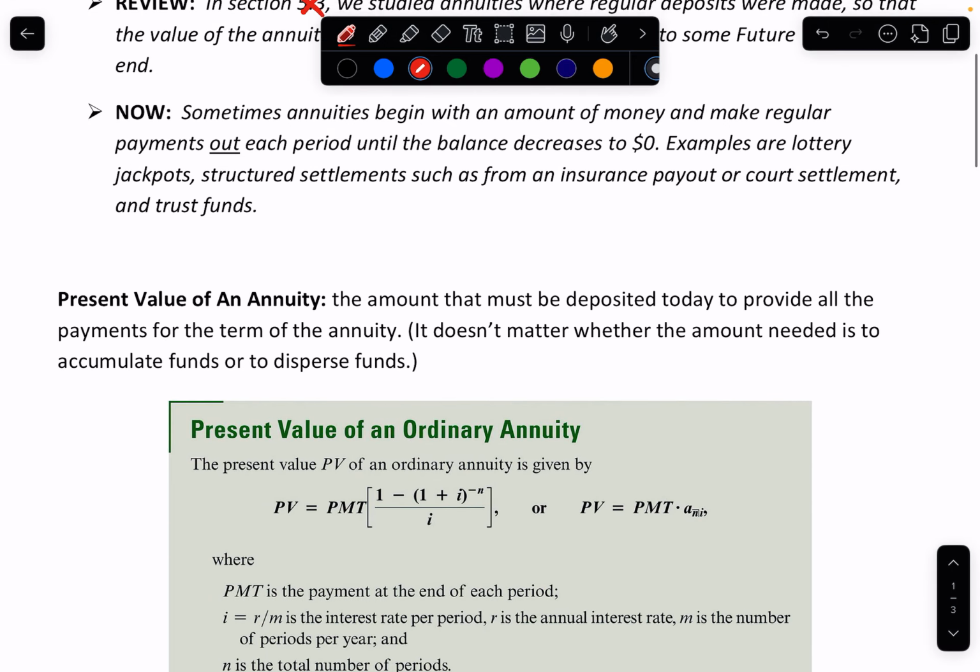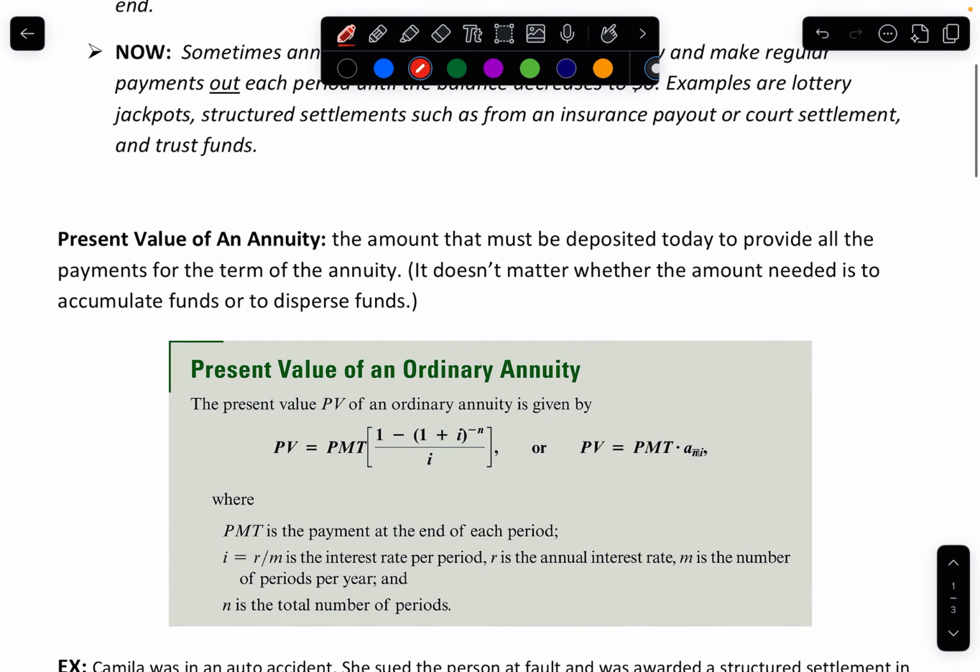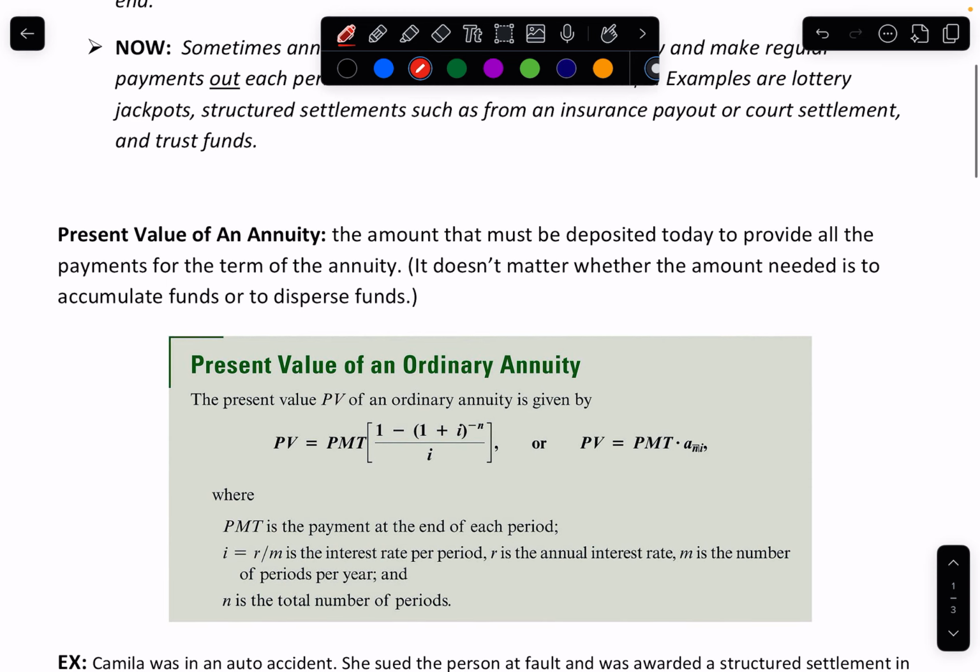The present value of an annuity is the amount that must be deposited today to provide all the payments for the term of the annuity. It doesn't matter whether the amount needed is to accumulate funds or to disperse funds. This is the formula for the present value of an ordinary annuity.